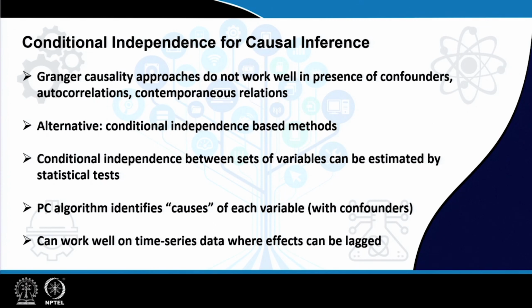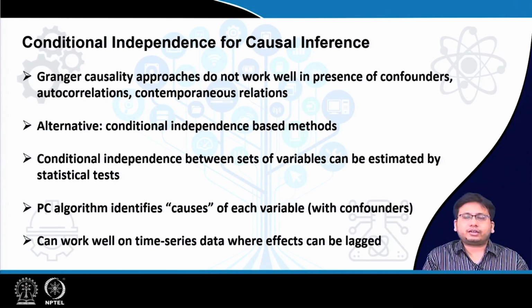But now if you consider the variable z, we can say that x and y are conditionally independent based on z if the conditional joint distribution of x and y conditioned on z factorizes as the product of the conditional distribution of x on z and the conditional distribution of y on z, that is p of x comma y given z is equal to p of x given z times p of y given z.